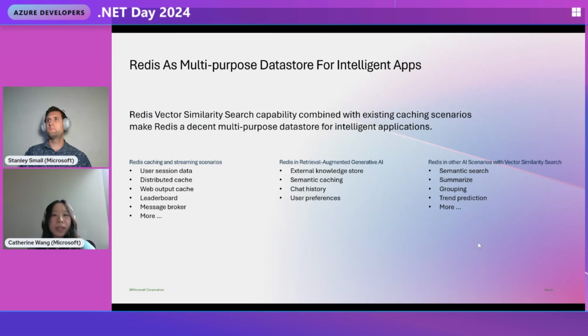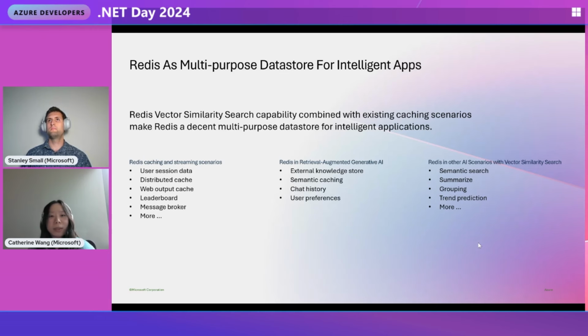So we talk about vector similarity search a lot, but what can it do for your intelligent apps? In the retrieval augmented generative AI scenario, a vector database can be used as an external knowledge store. Suppose you have documents that are internal to your enterprise. You won't want to train the GPT model to know everything about them, both for security and privacy, and also because it's costly and expensive to train a new model.